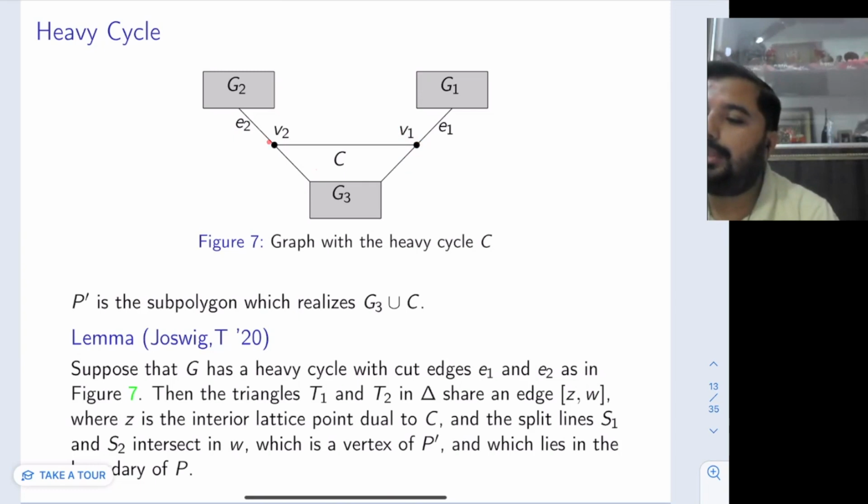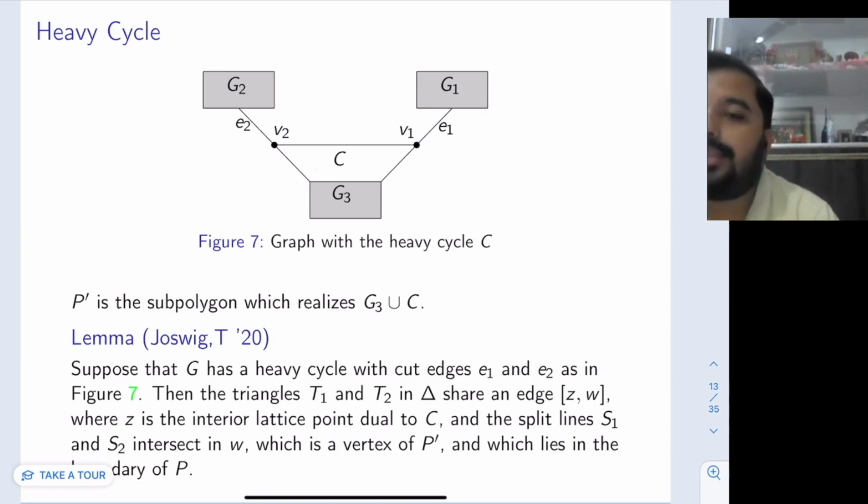The crux of the lemma here is just saying that the triangular faces corresponding to the nodes V1 and V2 would actually share an edge in between them. Since they are part of a cycle C, they obviously share a vertex. But as I mentioned, in the graph theoretic process it might happen that there are degree 2 triangular faces which eventually get concatenated.